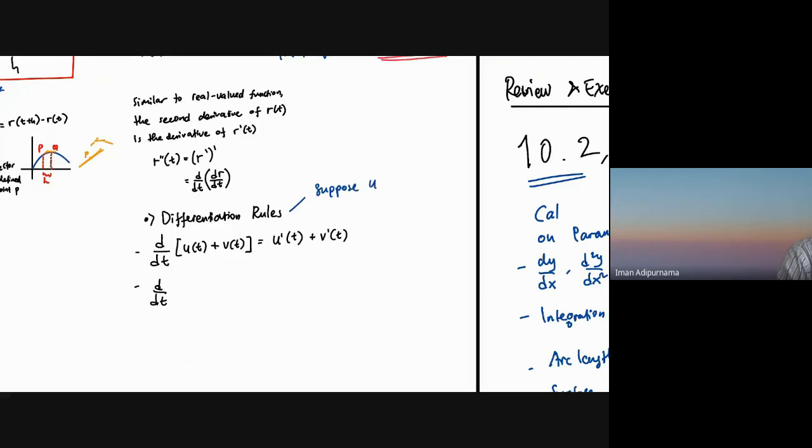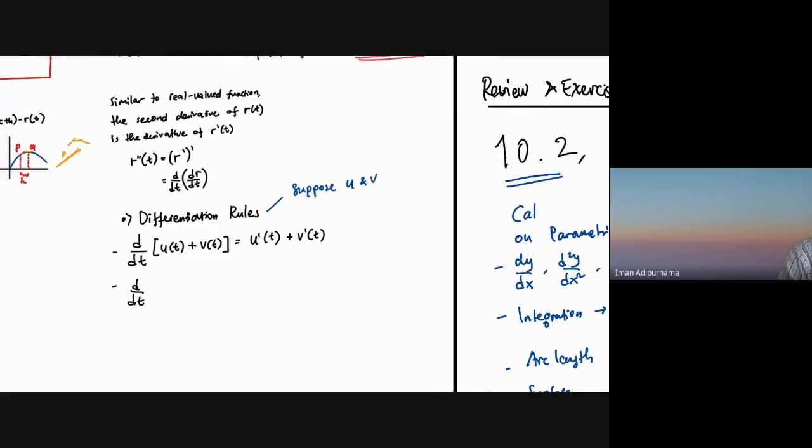Suppose u and v are differentiable vector functions, c is a scalar, and f is a real valued function.